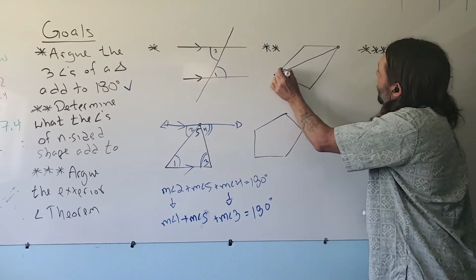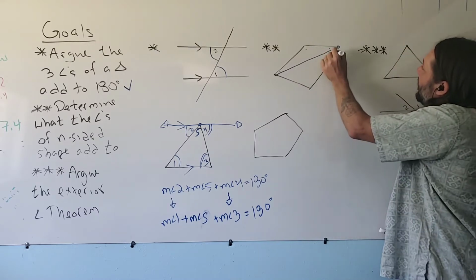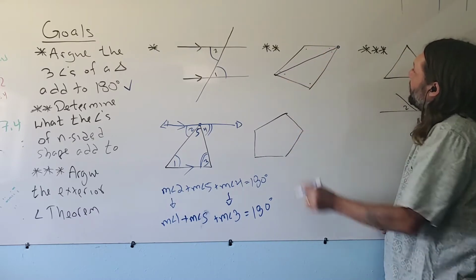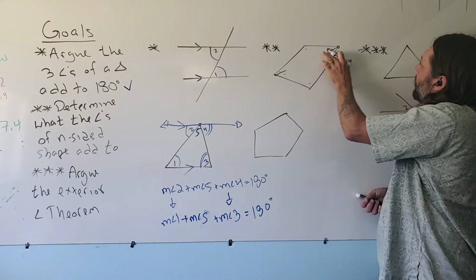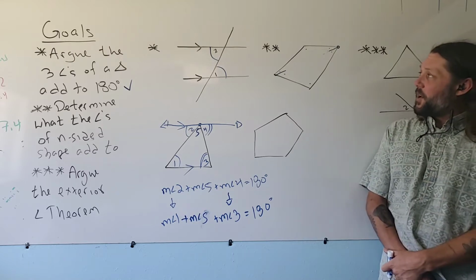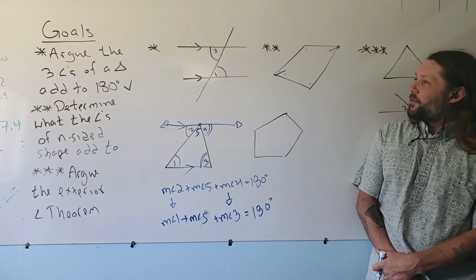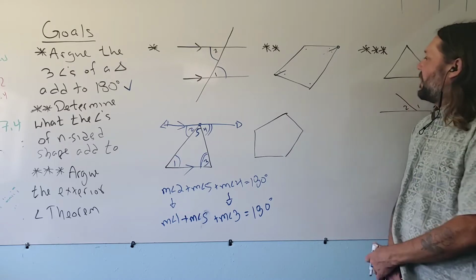Well, I know that this angle and this angle and this angle add up to 180, and this angle and this angle and this angle add up to 180. So that means that I have 2 triangles that add up to 360 degrees. So I know that for a 4-sided shape, the angles must add up to 360 degrees, right?